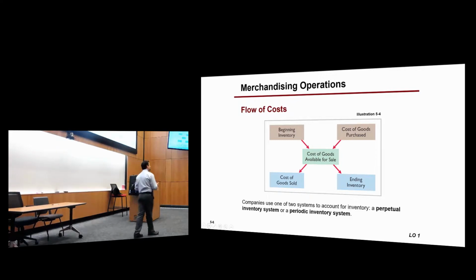Usually at the beginning of the year, or let's say month, you start with a certain number of TVs in your storehouse. In your storeroom, for example, in your warehouse, you have 100 TVs. So beginning inventory was 100 TVs.